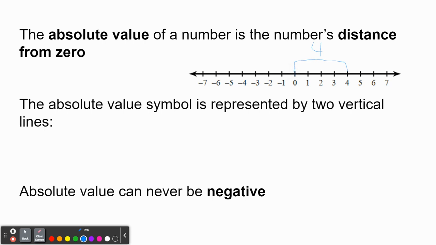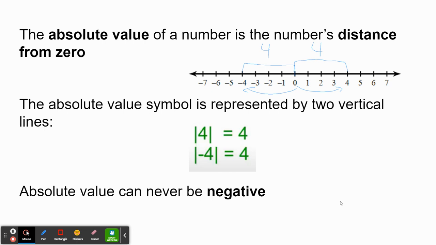However, from 0 to negative 4 is also 4 spaces away. It's the distance from 0. So you move 4 spots to the left or 4 spots to the right. That's what the absolute value is. The absolute value symbol is represented by two vertical lines, looking something like this.